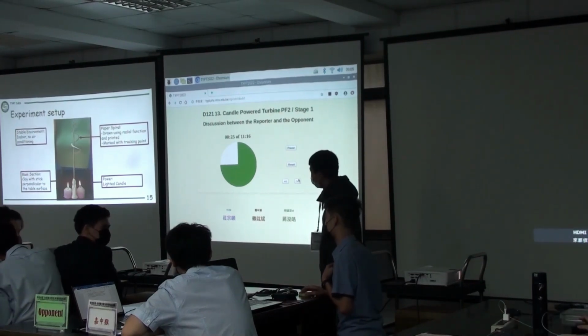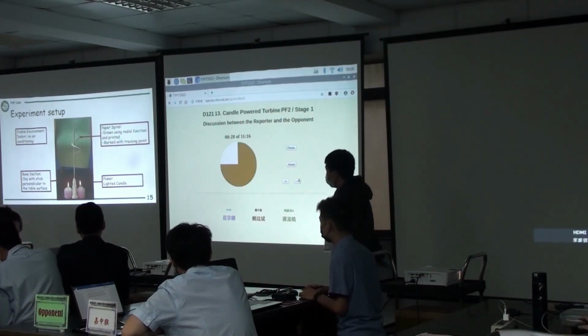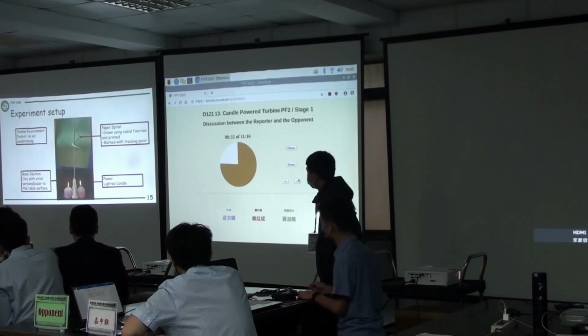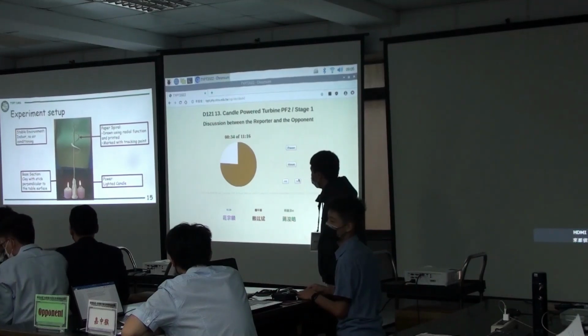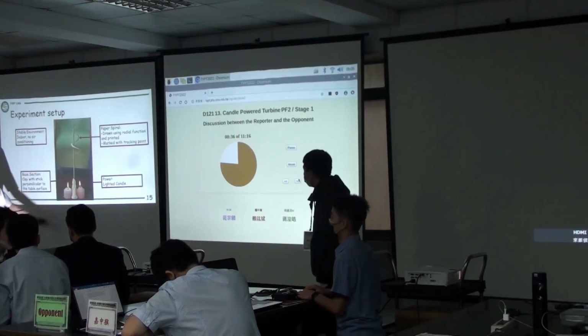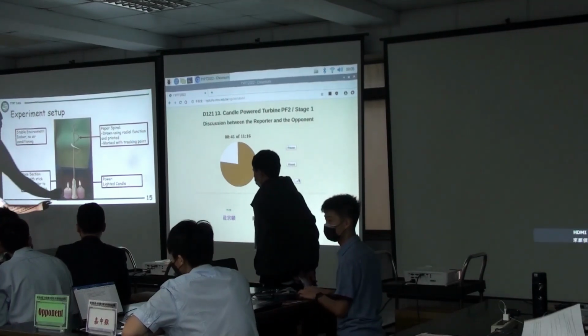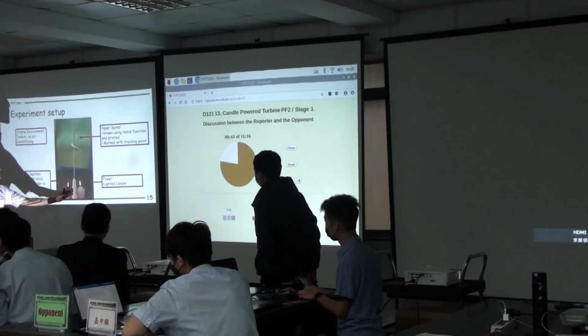If you're not very clear about our point, I would like to further elaborate. Because of our external setup, we put the plate here to stick it, so we cannot put the candle right beneath the spiral.